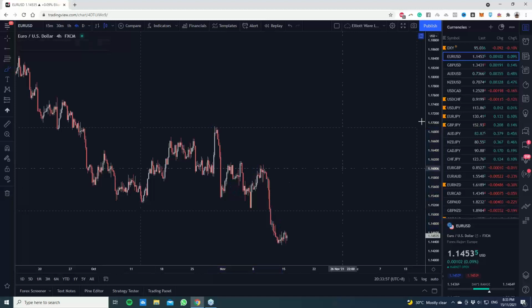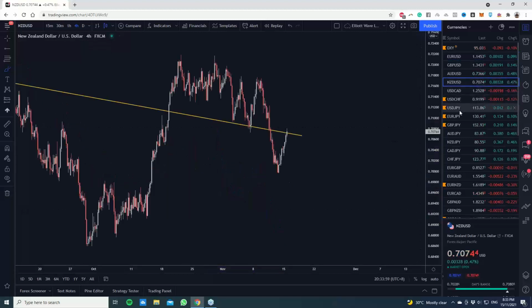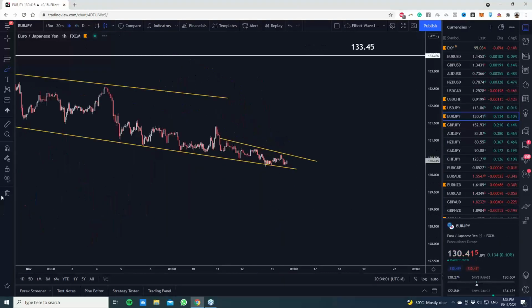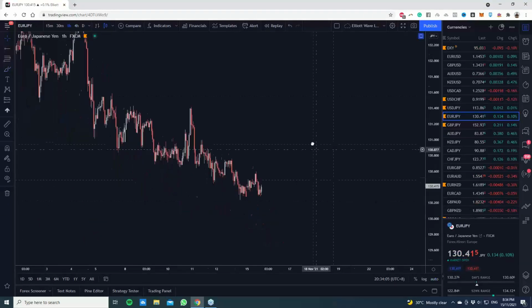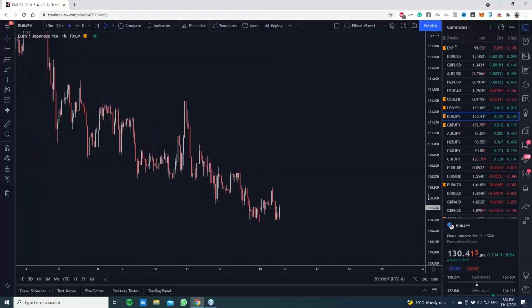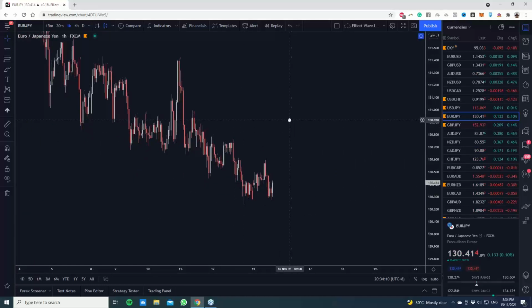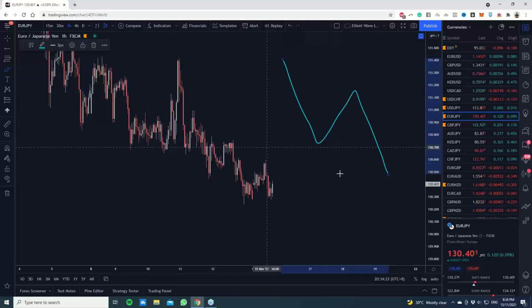Let's say I bring you to the yen, and I go to a lower time frame. Now, if you take a look at the 1 hour scale on euro yen, is this a downtrend? The answer is yes, it's coming down. But do you see, it's not the best. You don't get a very nice structure; the visual part of things is not that nice.